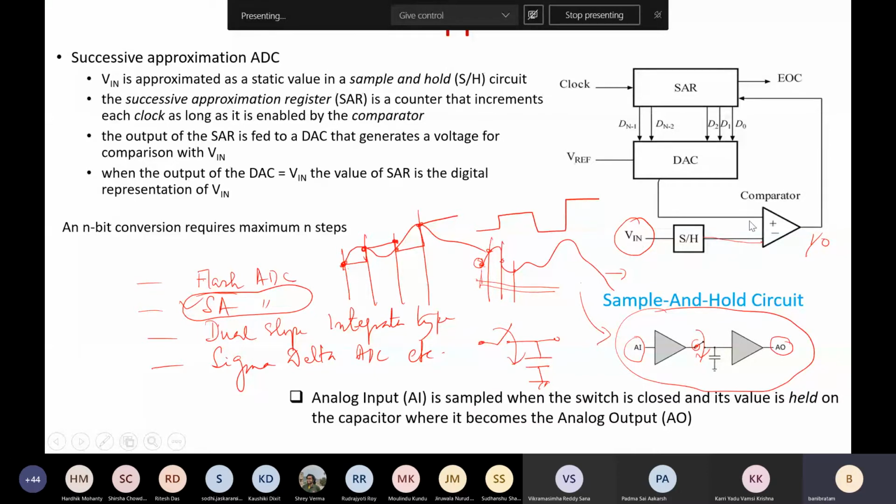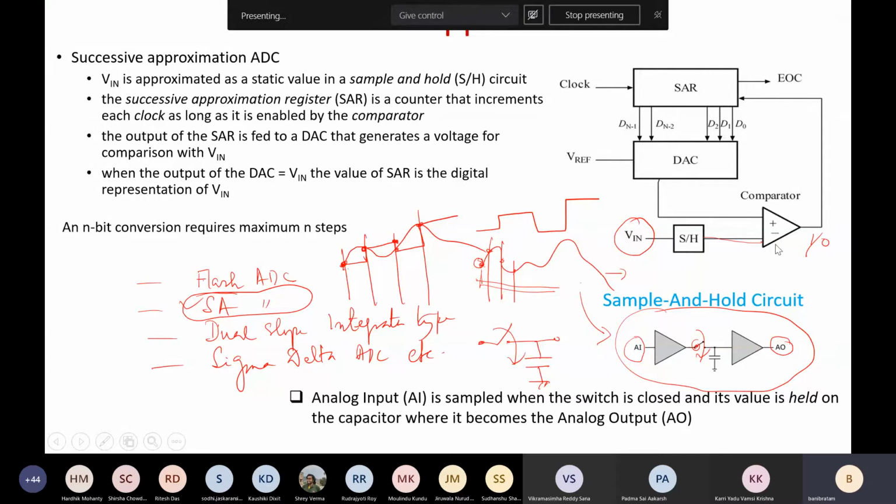Then depending on which is more or less, it will give you logic high or logic low, that means 1 or 0 at the comparator output, fine. And depending on whether the value is 1 or 0, the digital bits already stored in the successive approximation register will either be increased or decreased, right?